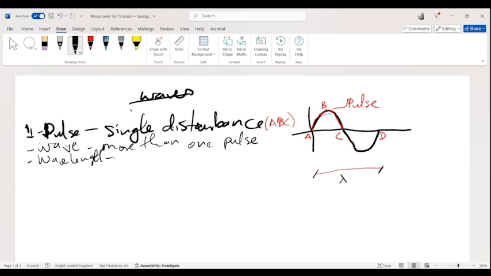Now, what is a wavelength? A wavelength is a distance between two consecutive points. You must know the word consecutive.